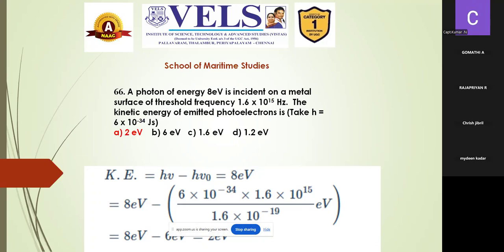Kinetic energy is equal to 8 electron volt minus 6 into 10 power minus 34 into 1.6 into 10 power 15 divided by 1.6 into 10 power minus 19. If we solve this equation, we get the final answer, 2 electron volt.